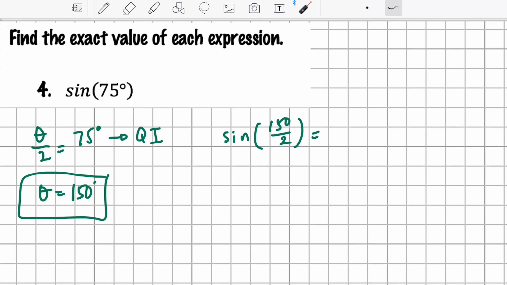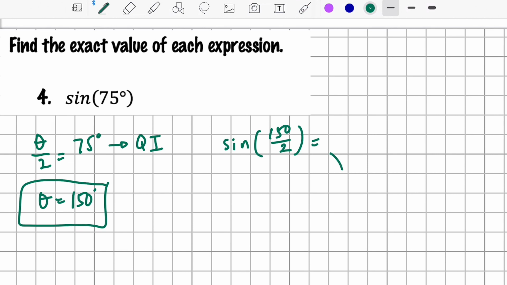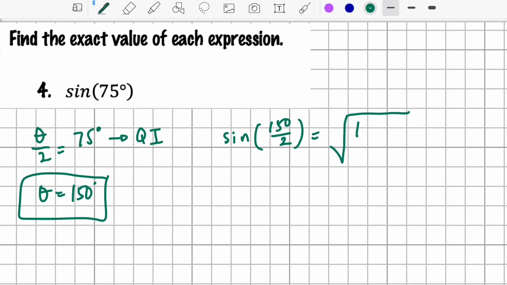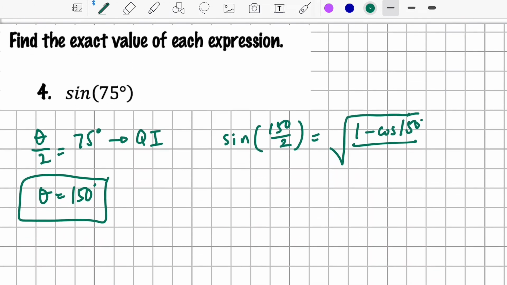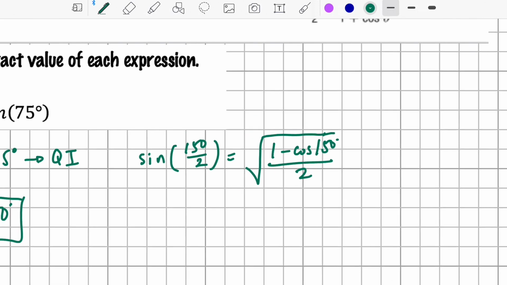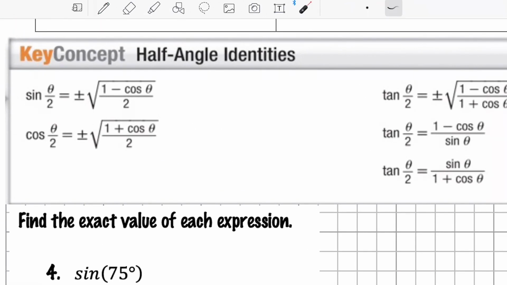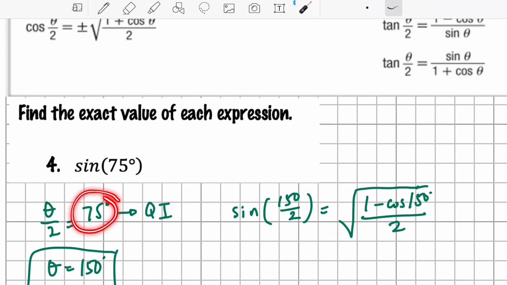If I look at the formula again, it's the square root of 1 minus cosine of theta, where theta is 150 degrees, over 2. Now, notice that the formula has positive, negative, but since 75 degrees is in quadrant 1, we're going to keep the positive root.